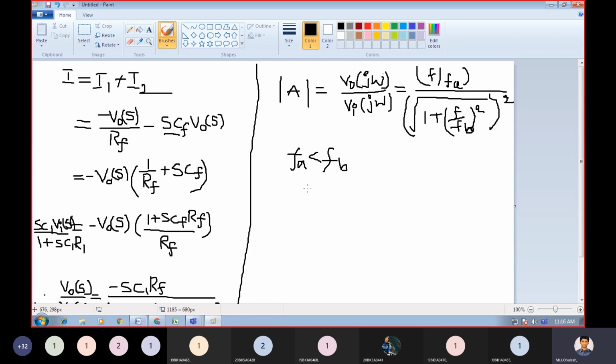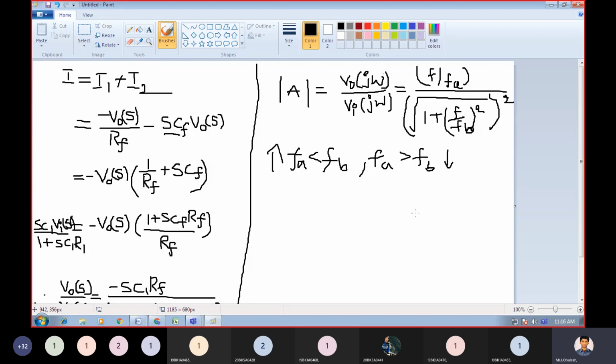For the same, the gain decreases at minus 20 decibels per decade for FA greater than FB. One equation is for increasing the gain, and the other for decreasing the gain. This is the condition.